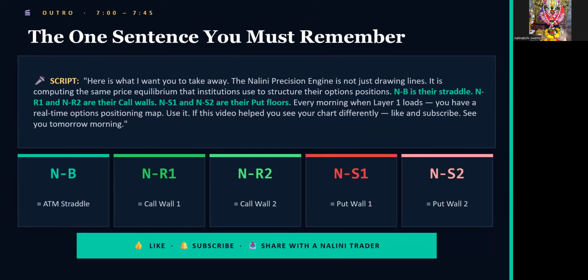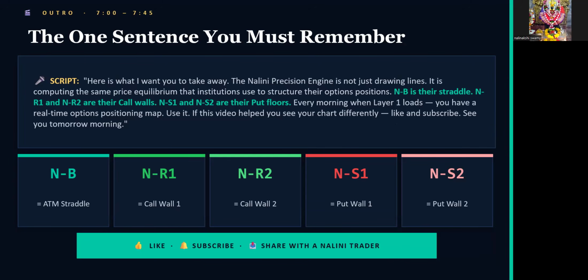So, before I close, the one sentence you must remember is: Nalini Precision Engine is not drawing lines. It is computing the same price equilibrium that institutions use to structure their option positions.